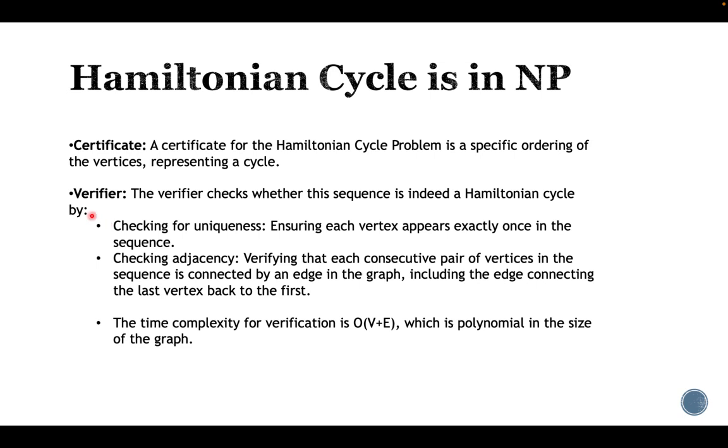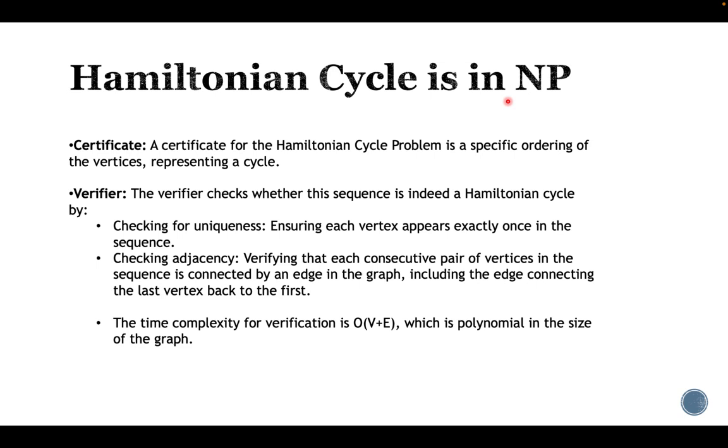To prove that the Hamiltonian cycle problem is NP-complete, first we need to show this problem is in NP. The certificate for the Hamiltonian cycle problem is a specific ordering of vertices.